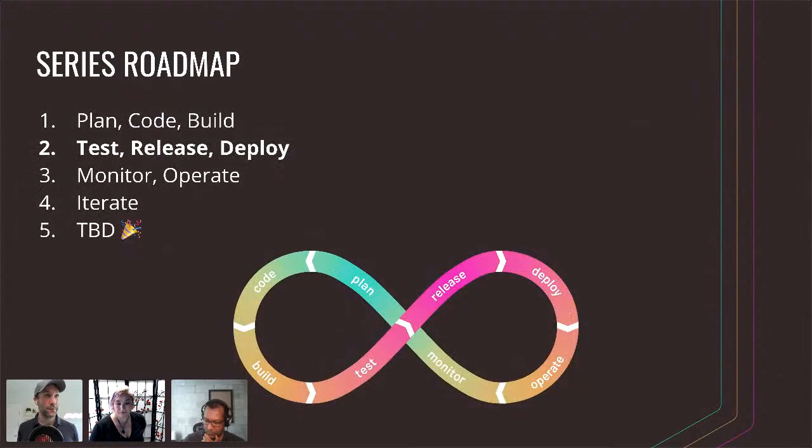And then in terms of where we're at in the roadmap, as mentioned, this is episode 2. Big caveat on this slide: we are not following this that thoroughly at all. So although we call out testing, releasing, and deploying in this episode, we will be dipping into that. But really, we just threw these in as guides for the different episodes. We're moving back and forth around this life cycle.